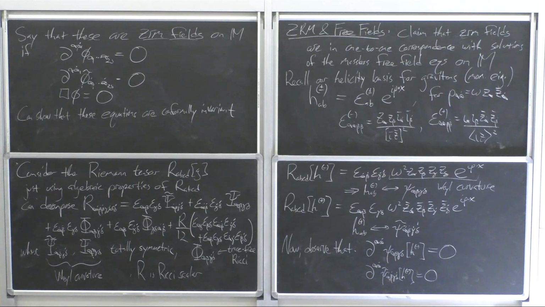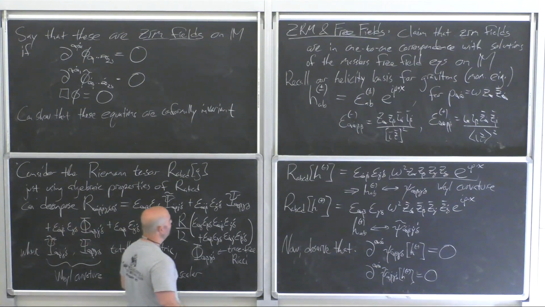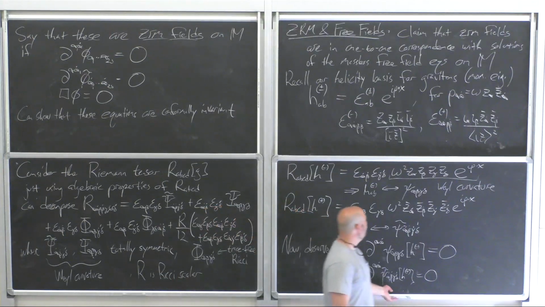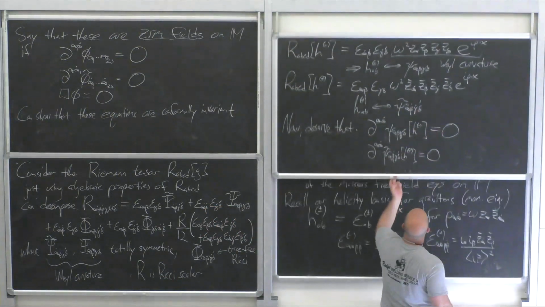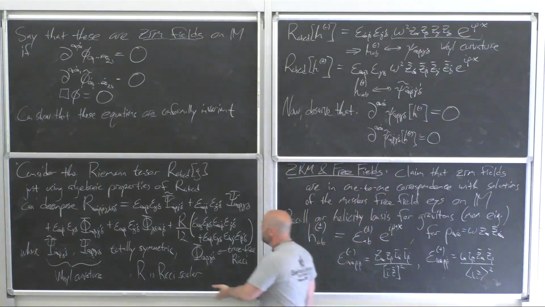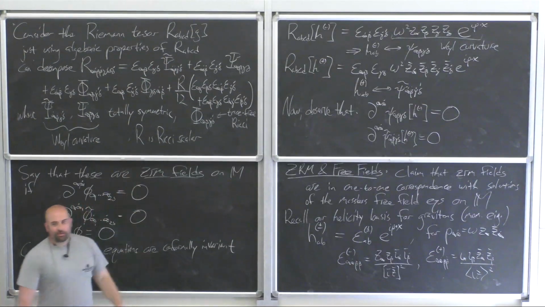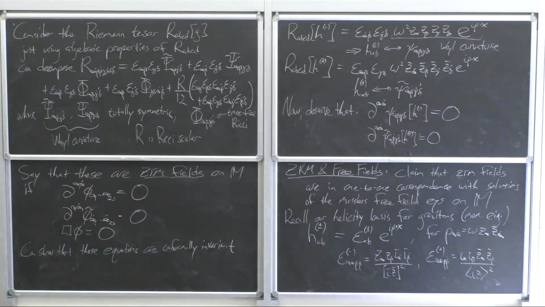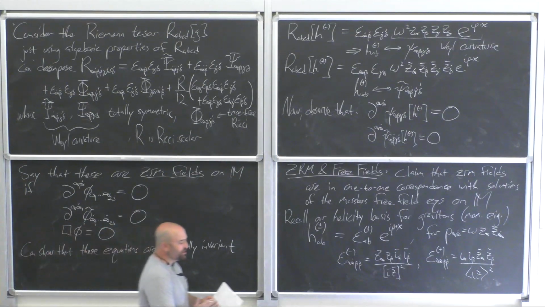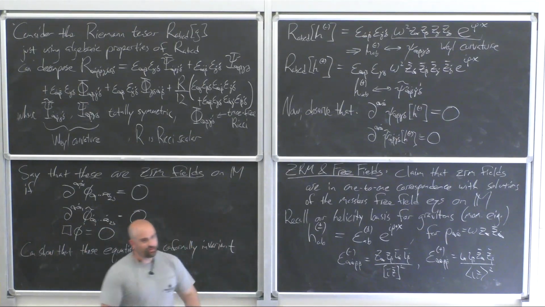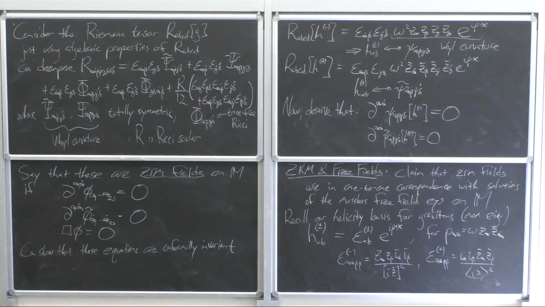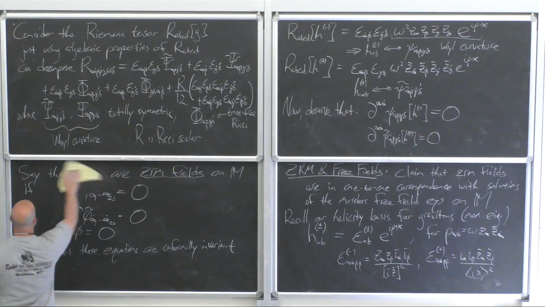Okay? And in fact, we can say something even a bit more general. So what we've shown is that the things we call graviton wave functions correspond to zero rest mass fields of spin 2. This is kind of one direction, but in fact, zero rest mass fields of spin 2 always correspond to linearized metric perturbations that solve the vacuum Einstein equations. So it's an if and only if statement.